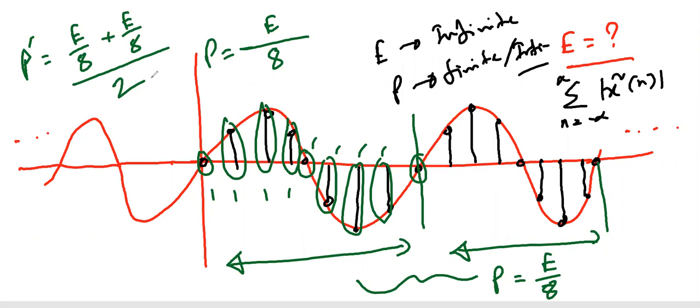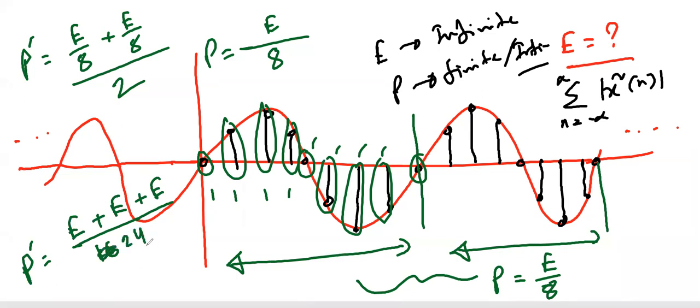You are averaging all the time. Or you can also write it this way: E plus E divided by 16. That is also true. If you want to count the third cycle, then you need to write it as E divided by 24.